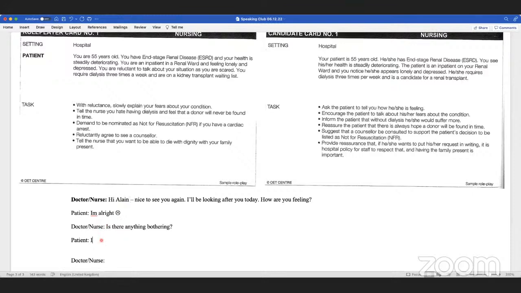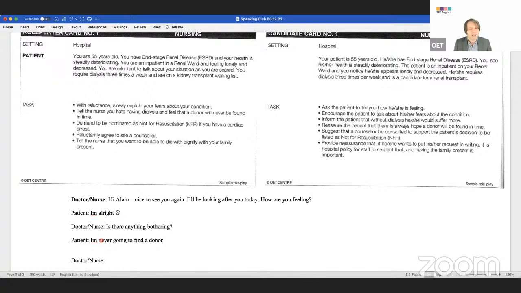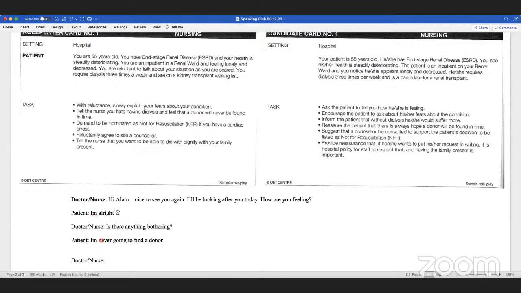But I will assure you that we will find a perfect match and a donor as soon as possible. We're trying our best. I just feel like that's never going to happen. I've been waiting for so long. It's never going to happen, doctor. It will happen, but you have to be patient with us. You know, it's not easy to find a suitable donor.